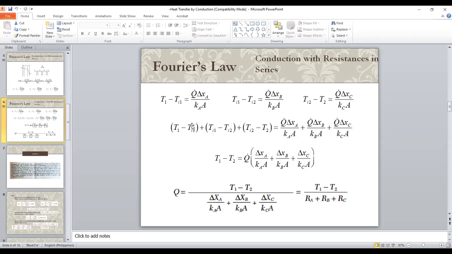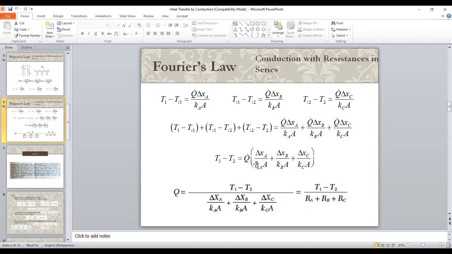Now, since you have added the driving forces here for each of the materials, you also have to add this one, the Q delta X over K A set of variables and parameters. So you have this for A, you have this for B, and you have this for C. Since Q is common to the three, you can factor it out.